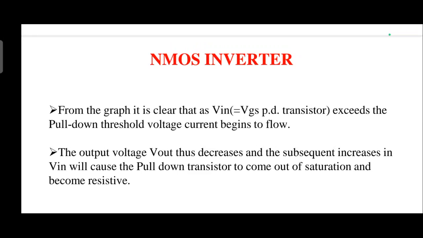It comes out of saturation and becomes resistive, and slowly the current across it will be increasing and the voltage across it will be decreasing. So whenever the input is low, it is going to produce the output as logic 1, and whenever the input is high, it is going to produce the output as logic 0, which is nothing but the NMOS inverter operation.